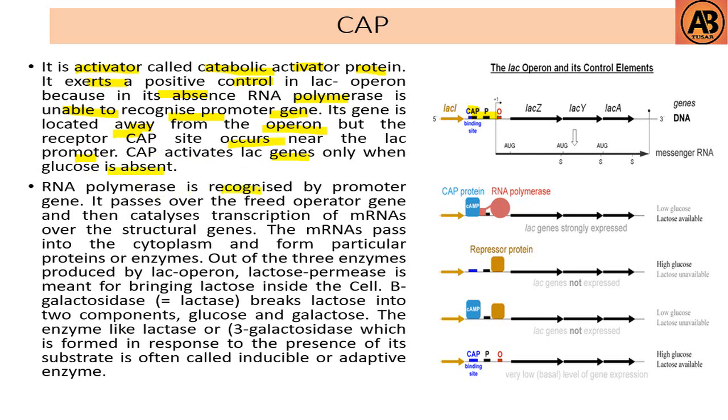RNA polymerase is recognized by promoter gene. It passes over the free operator gene and then catalyzes transcription of mRNAs over the structural genes. The mRNA passes into the cytoplasm and forms particular proteins or enzymes. Out of the 3 enzymes produced by Lac Operon, lactose permease is meant for bringing lactose inside the cell.